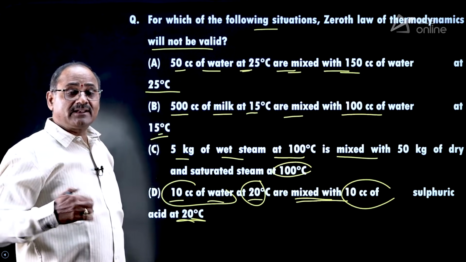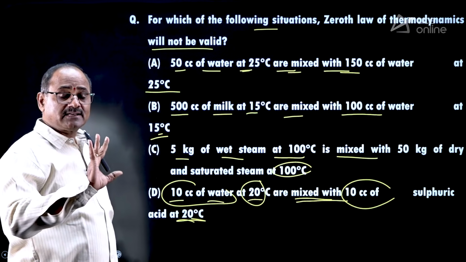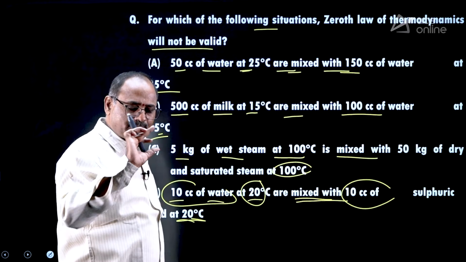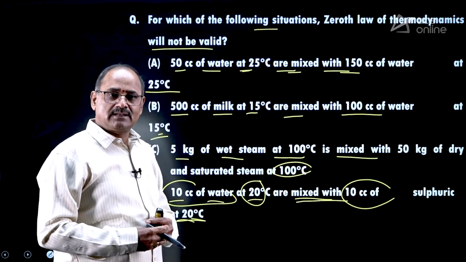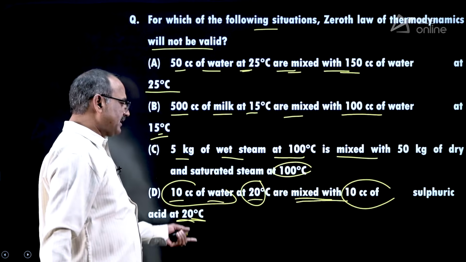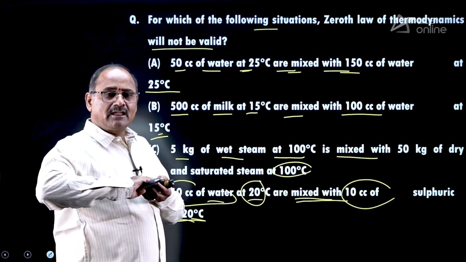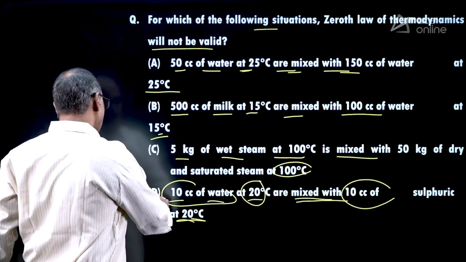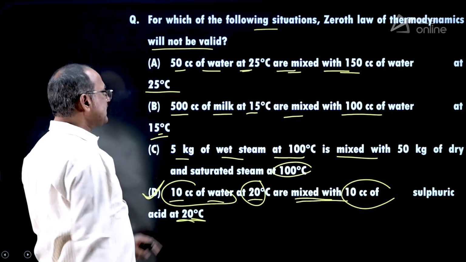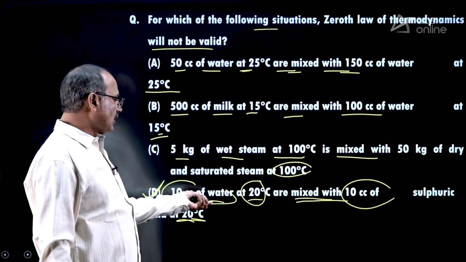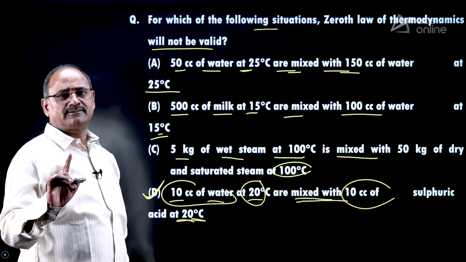The chemical reaction concept is not involved with the zeroth law of thermodynamics. That's why option D is an incorrect statement with respect to the zeroth law of thermodynamics. Therefore, option D is absolutely correct.